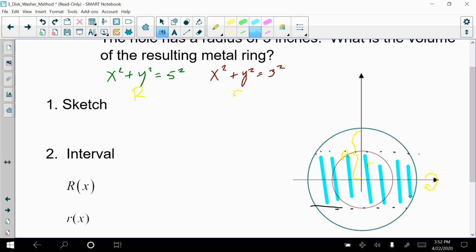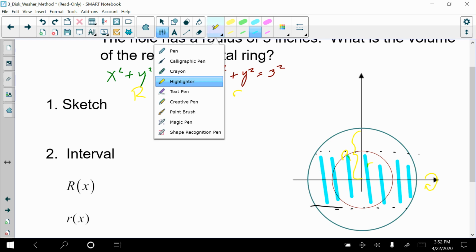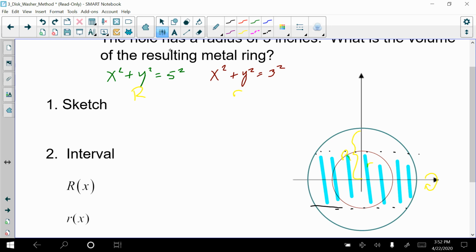Well, from here to here, this is the equation. Because the radius is 3, this horizontal line has to be y equals positive 3, and this horizontal line here would have to be y equals negative 3.